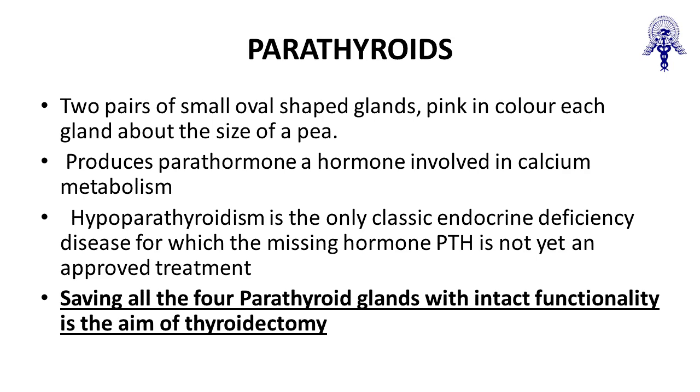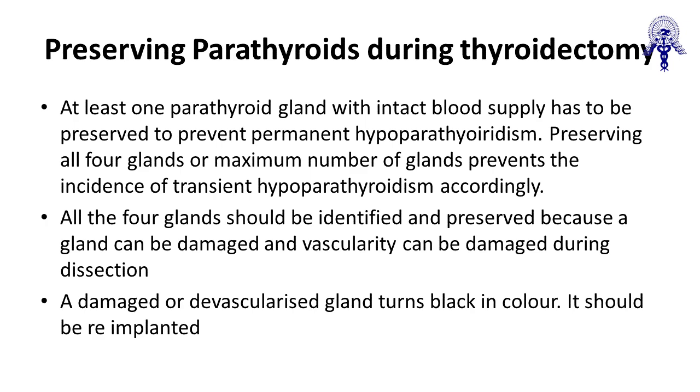So there are ways, and I will tell you one or two points on how you can identify these parathyroids. They are identified by their anatomical position, by their color, and are best confirmed by following their vascularity.